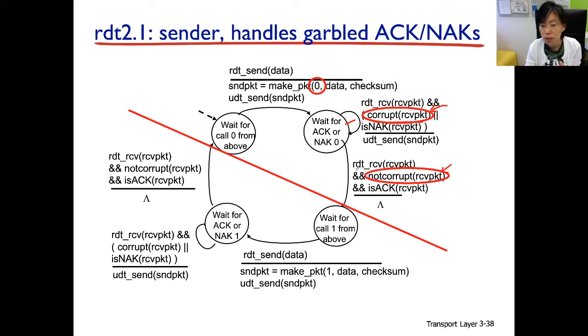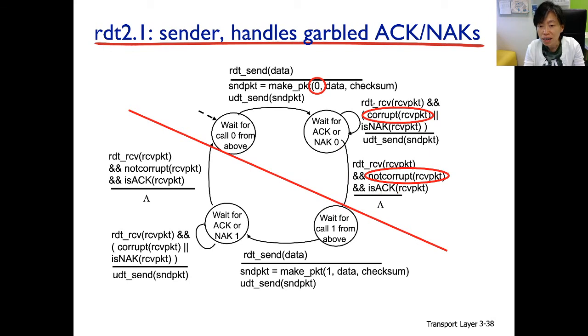So if we receive a feedback packet from the network layer, and we check that it's not corrupted, everything is fine, and that packet is a positive feedback, that means what? Transmission of packet 0, perfect. So we do nothing and then we move on to wait for call from above again. All right, so this transition here is straightforward.